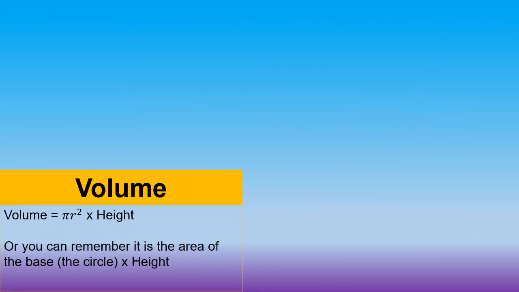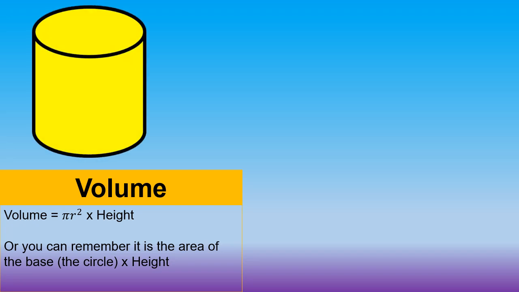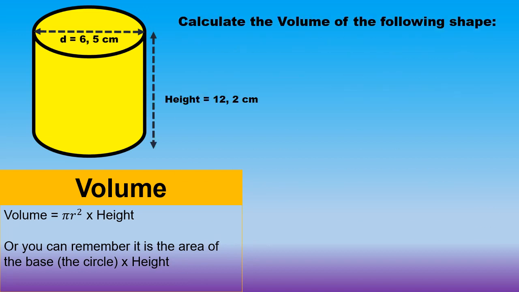Okay, and the volume, very easy. It's the area of the base, so area of the circle, times what it pops out with, times that height. So again, we've got a cylinder, the diameter is 6.5 centimeters, and the height again is 12.2. So calculate the volume of the following shape. The volume is pi r squared, which is the area of a circle, times that height.